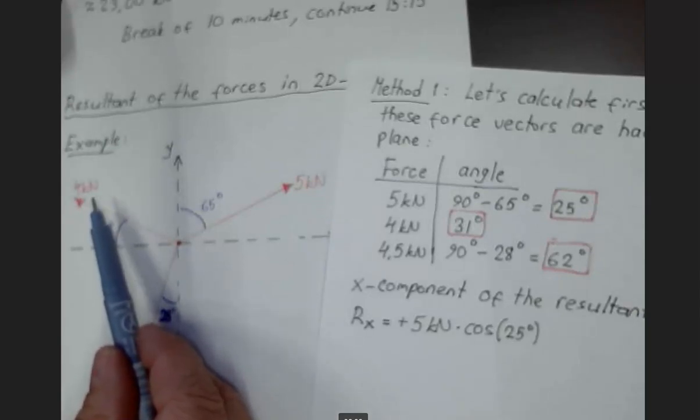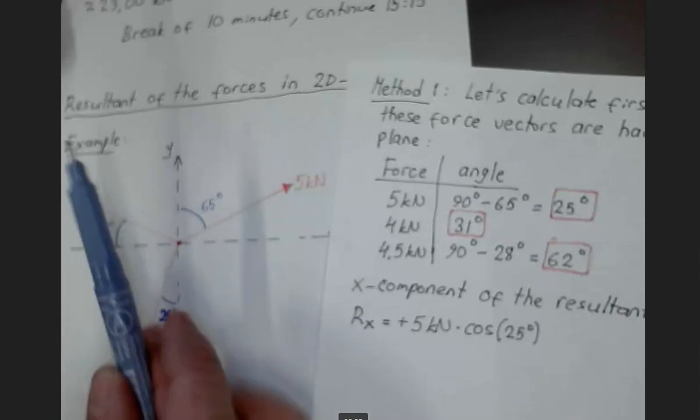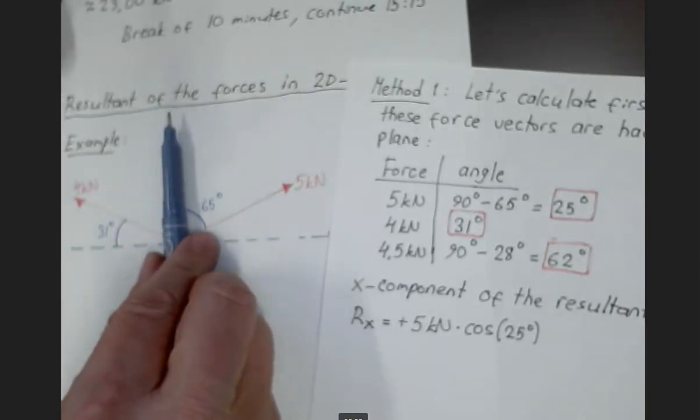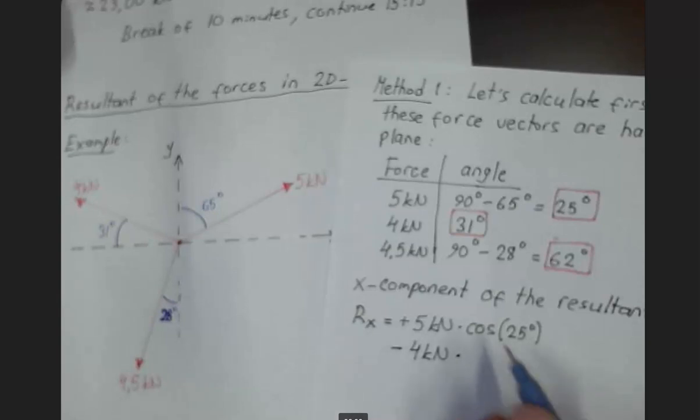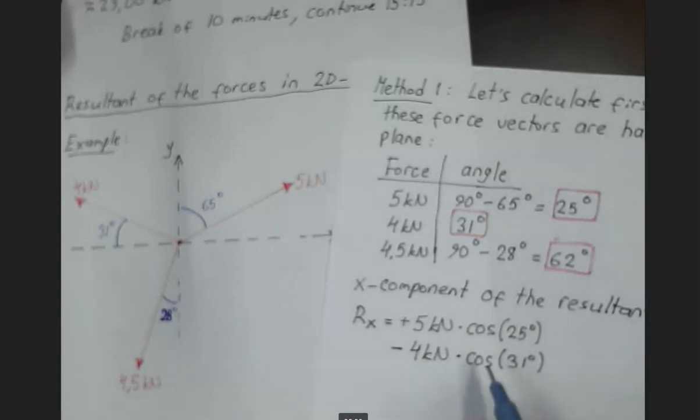This 4 kilonewtons goes to the left hand side from this vertical plane, so I will get minus sign there, and the magnitude of that force is 4 kilonewtons and the angle is 31 degrees, so I only need to write this cosine here.